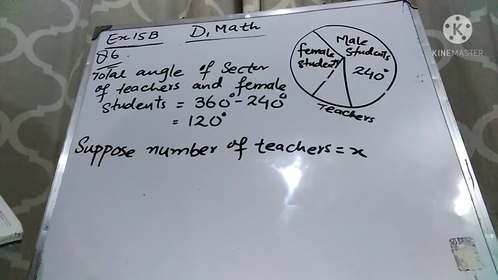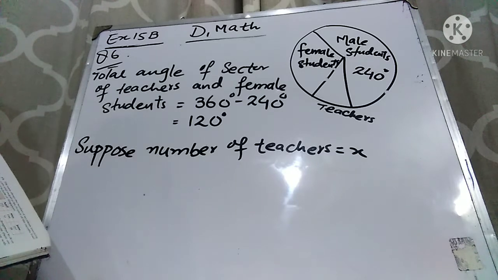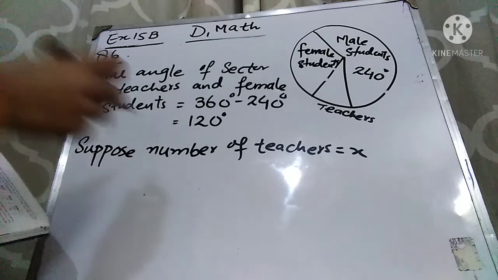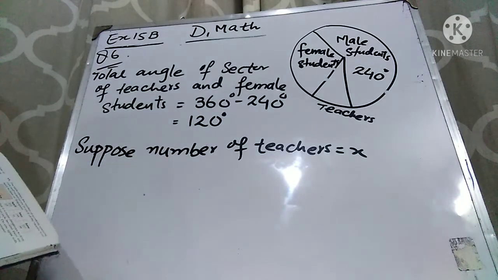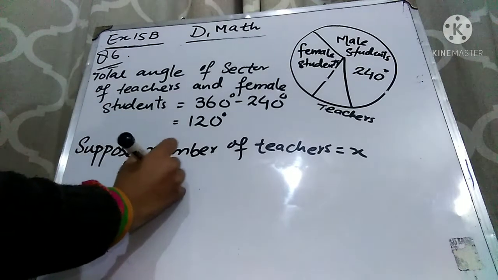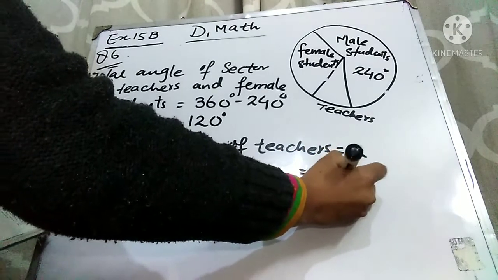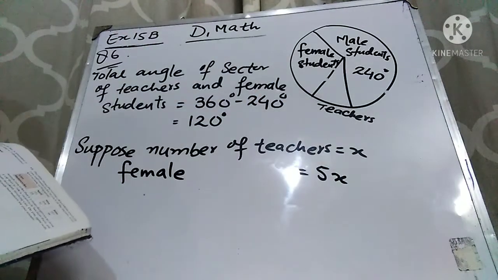They are saying that there are 5 times as many female students as teachers, so it means you will multiply 5 with the number of teachers. For female students, if there are 5 times the teachers, you will multiply 5 with x, and you will get 5x.